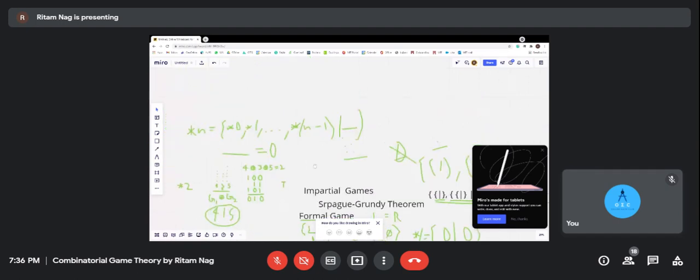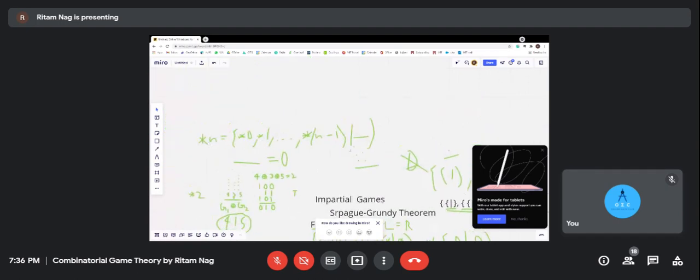Now can you see why star n is essentially the game with n stones? Star n is inductively defined like this. Is it like Nim with n piles?